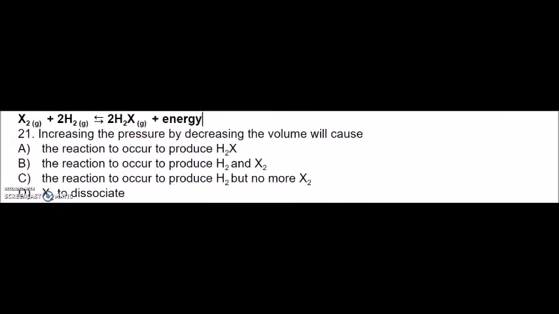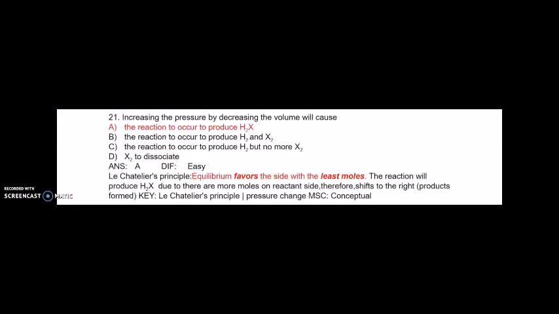In 21, it's asking if you increase the pressure by decreasing the volume, what will the reaction do? What's going to occur? So pause the video, read the responses A through D, come back and check your answer. Of course, if you increase the pressure, you decrease the volume.